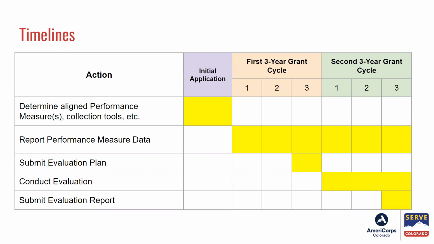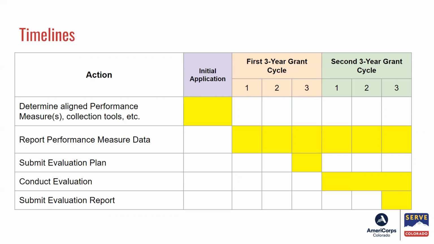But as late as 2021, we were not requiring our formula programs to submit an evaluation plan during a recompete application. So we are transitioning where this evaluation plan and evaluation requirements are mirrored from the federal level and the competitive process into the Serve Colorado and the formula process.